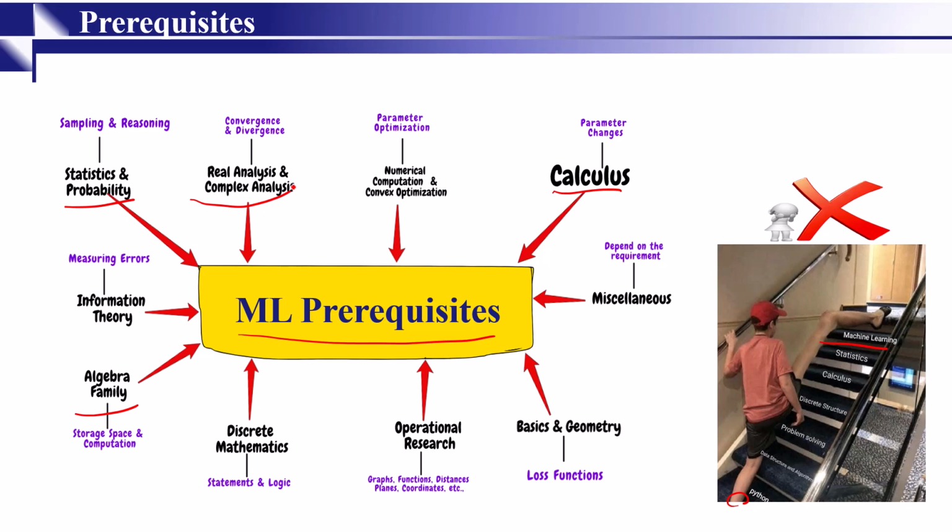Real analysis and complex analysis provide a deep understanding of limits, continuity, and functions, which are important for theoretical aspects of machine learning. Discrete mathematics is very important because it includes concepts like graph theory, combinatorics, and logic, and these are very useful in algorithm design, network analysis, and reasoning in machine learning systems.